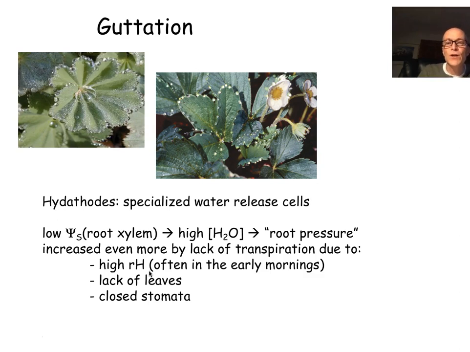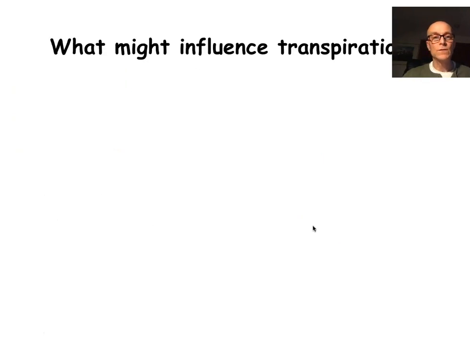That's of course not guttation; those are not hydathodes there. This is just an example of root pressure. And if you have closed stomata, then water cannot transpire through the leaves, and in that case, you can have guttation as well. But all that comes from the root pressure, and of course, all that comes from the fact that there is a lower solute potential in the root, and therefore more water moving into the roots.